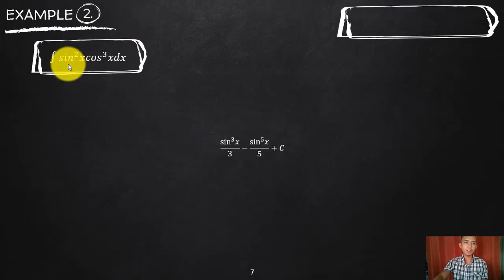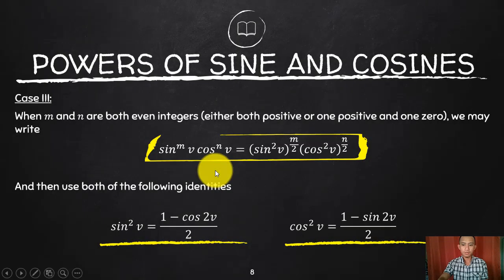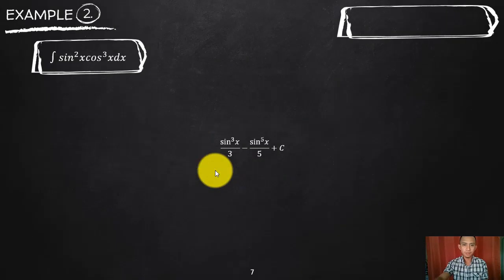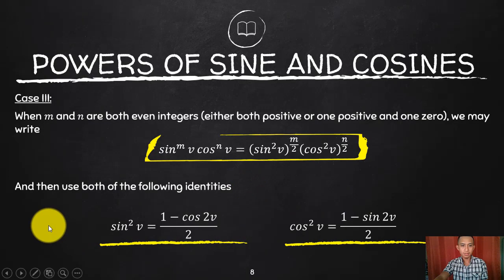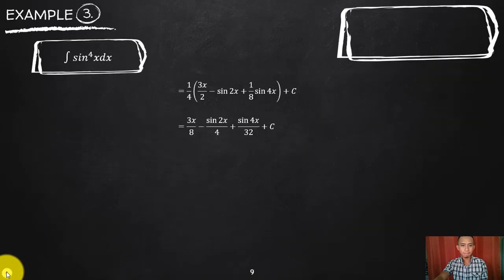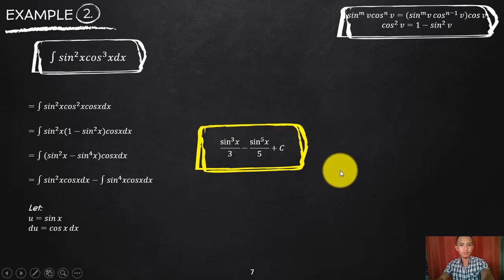Let's have the second example. This time, your cosine is the one with a positive odd power. The sine can be any number.